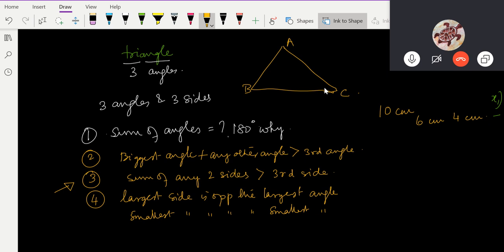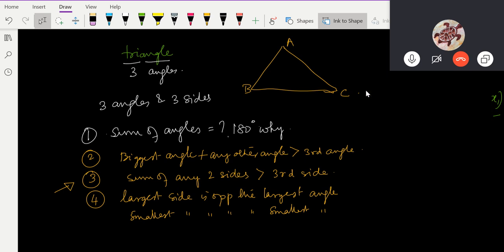Okay. What else are the properties? We still don't have a way to relate the angles with the sides.